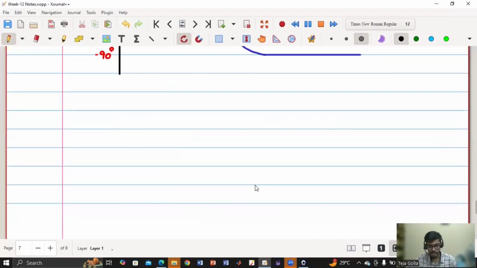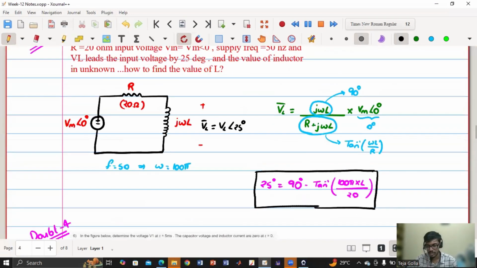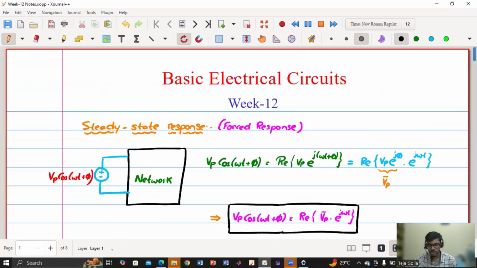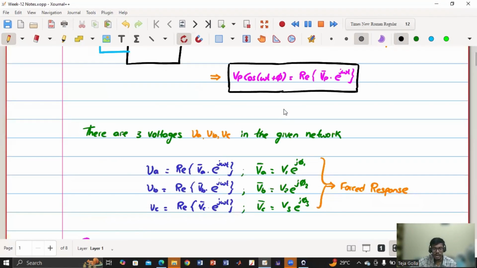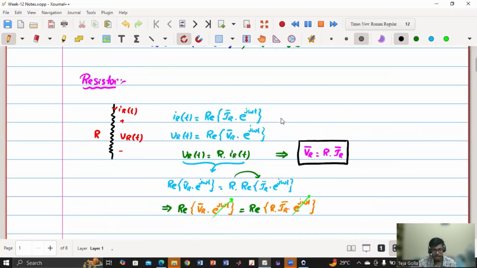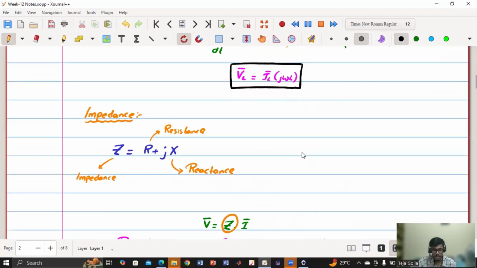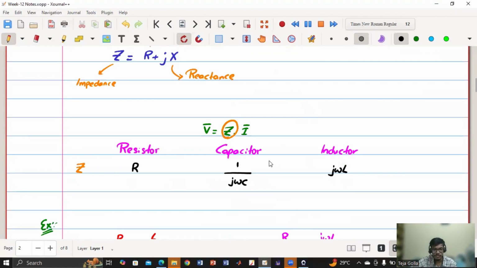Let me summarize what we have discussed today. We discussed the steady state response using equivalent terms. We converted everything into phasors and then solved the problems using phasors. Resistor is R, capacitor is 1 by j omega C, inductor is j omega L. Using these equivalent terms we solve for the voltage phasor as well as the current phasor.